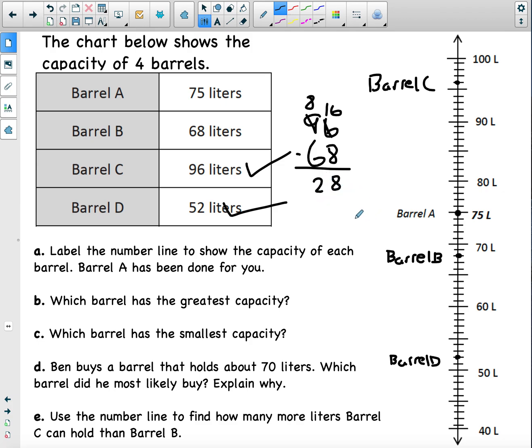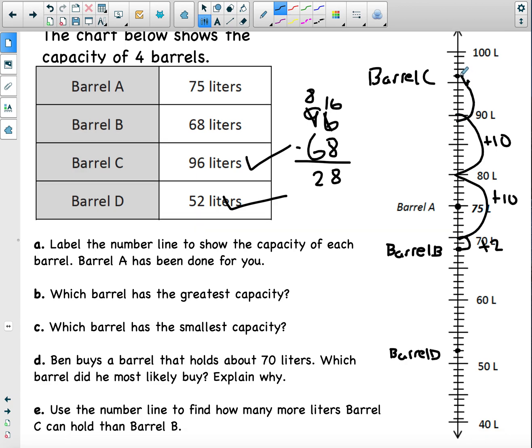The other option was to use the number line. Well, from barrel B to barrel C, I can count up. So first I can go up 2 to 70. Then from 70 to 80, I can go up 10. Then from 80 to 90, I can go up another 10. And then from 90 to 96, I can go up 6 more.